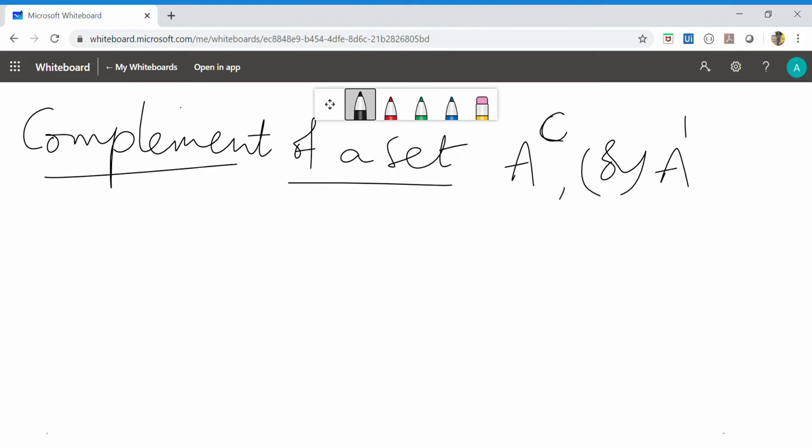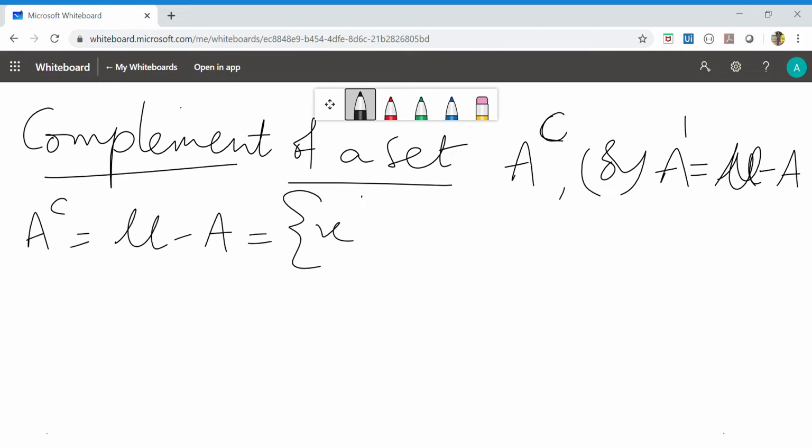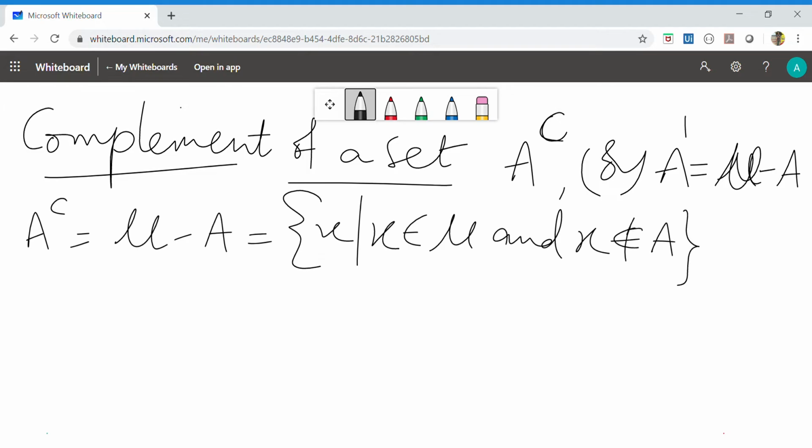That is nothing but mu minus A. Mu is what? Universal set. Minus A you have to take. So A complement can be written as mu minus A, and whose set builder form is {x such that x belongs to mu and x does not belong to A}.